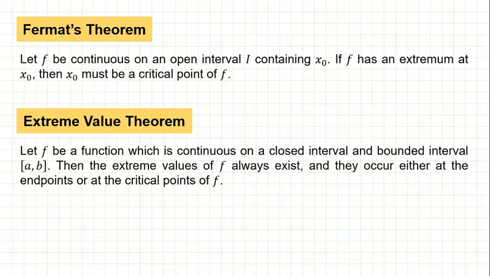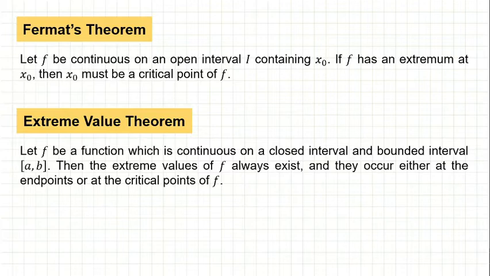So EVT is an existence theorem, meaning there will always be an extreme value for the given function if that function is continuous on a closed and bounded interval. So whatever that closed and bounded interval, there will always be that extreme value. And that extreme value usually occurs either at the endpoints or at the critical points of f.